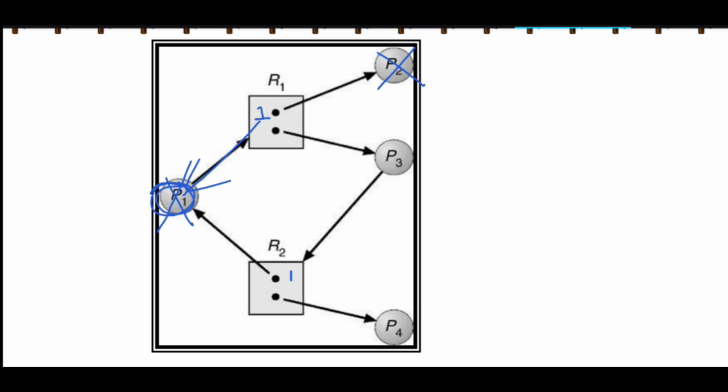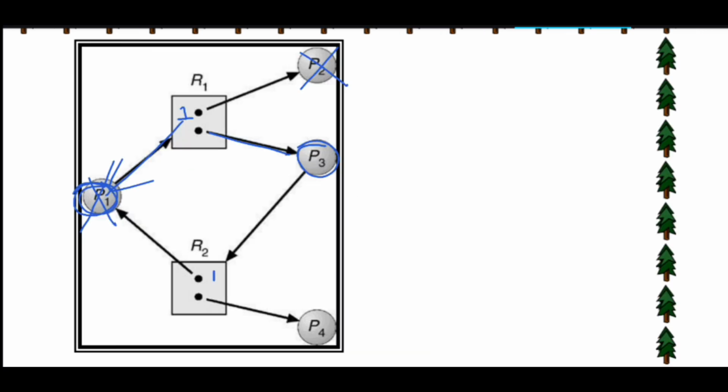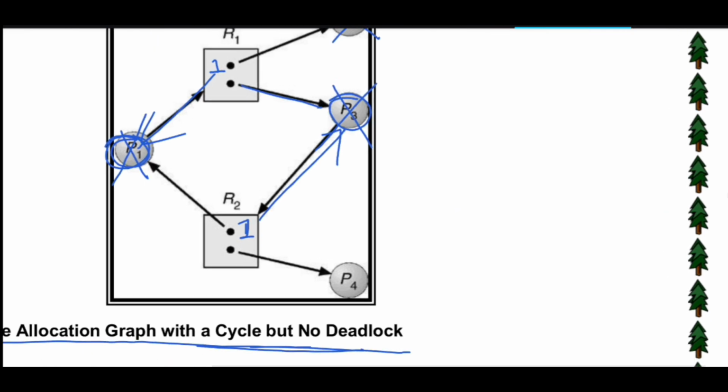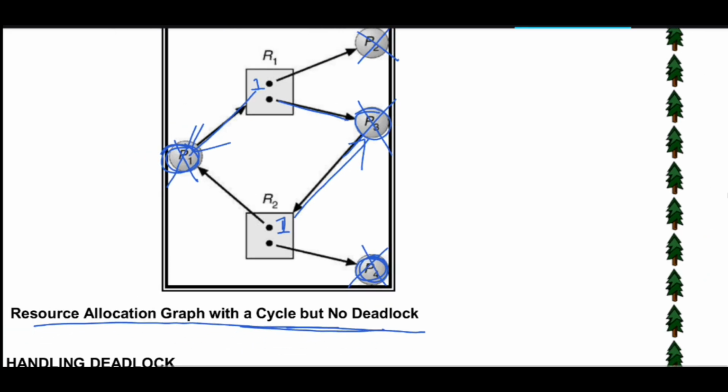After P1 executes, this R2 is also available. Then P3 has one instance of R1 and is requesting one instance of R2, while this one instance is available. So R2 is allocated, and P3 also executes. Then P4 has an already allocated instance of R2, so P4 can also execute. So there is no deadlock.